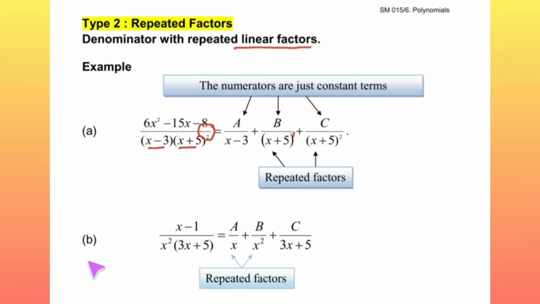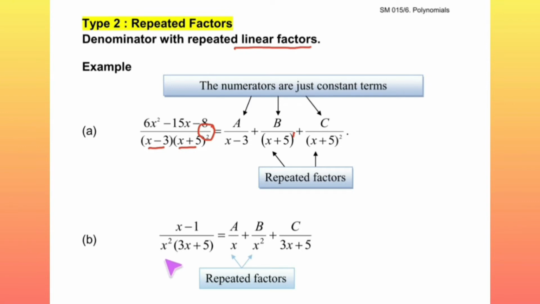Let's see example B. Let's say we are given x minus 1 over x squared times 3x plus 5. x squared here is a quadratic, right? But when we are given a quadratic factor, we need to check whether we can factorize it or not. For this case, x squared we can get from x times x. x times x means it is a linear repeated factor.